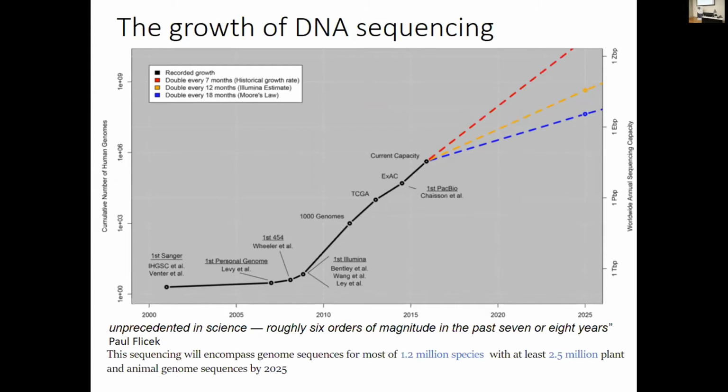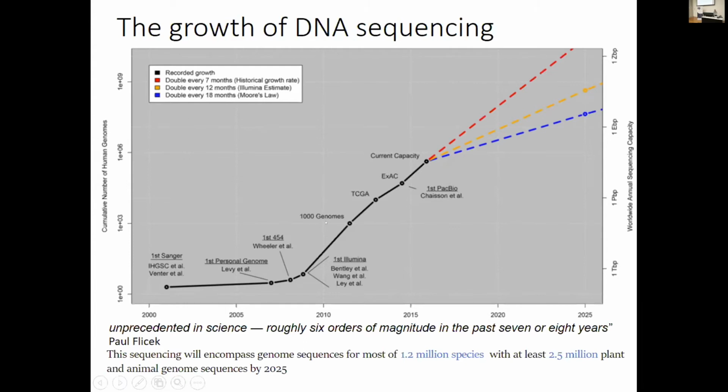So there is roughly 6 orders of magnitude growth in the past 7 or 8 years in our ability to generate data. You'll see here a plot up to about 2016 with milestones of what has been done. That was the first Sanger project here. Then the first human genome was sequenced in about 2009.